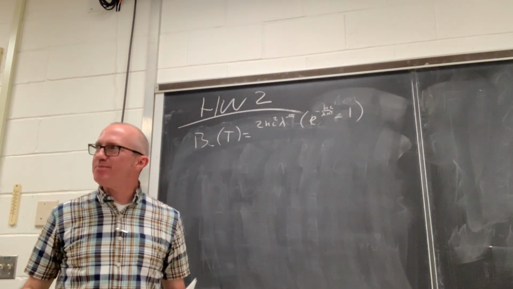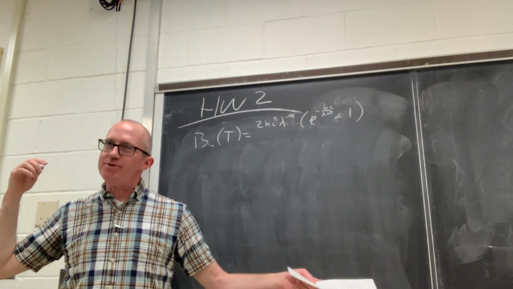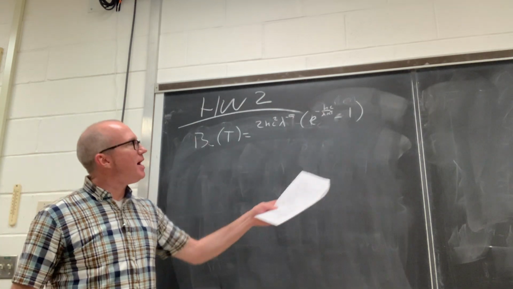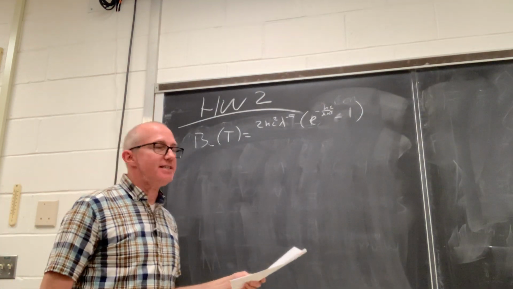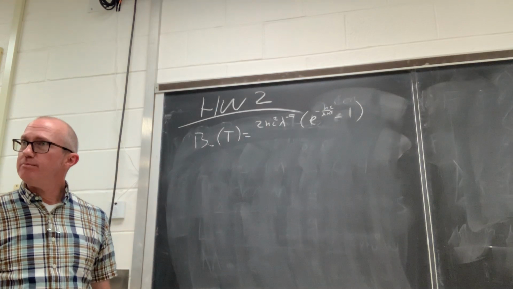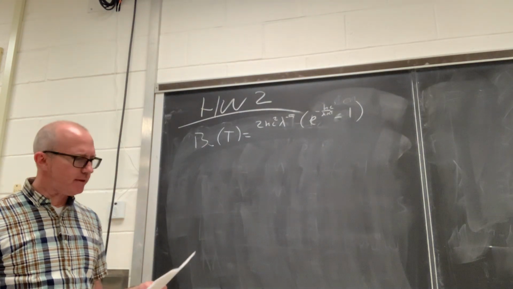Sometimes there's a plus 1 in the bottom and sometimes there's a minus 1, and they mean opposite things. You get a plus 1 if you have Fermi-Dirac statistics, and you'll learn about that maybe in modern physics, definitely in StatMech.